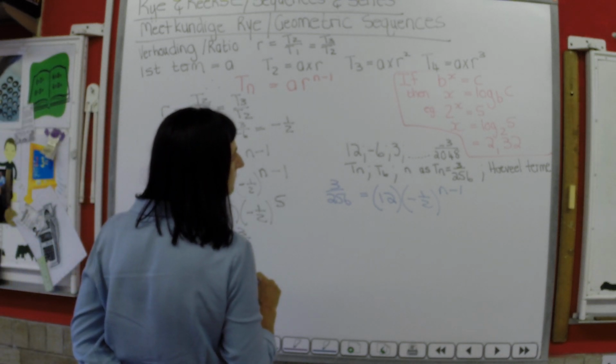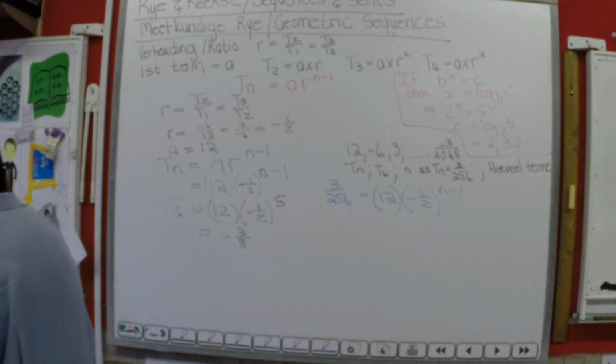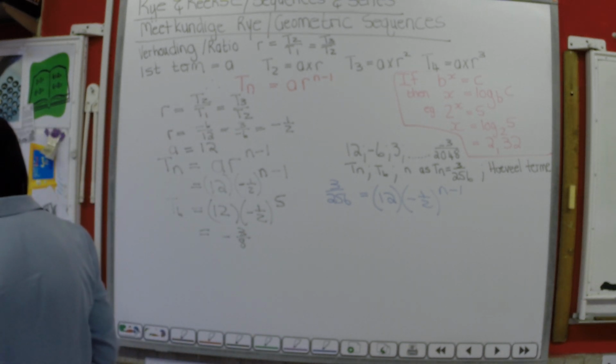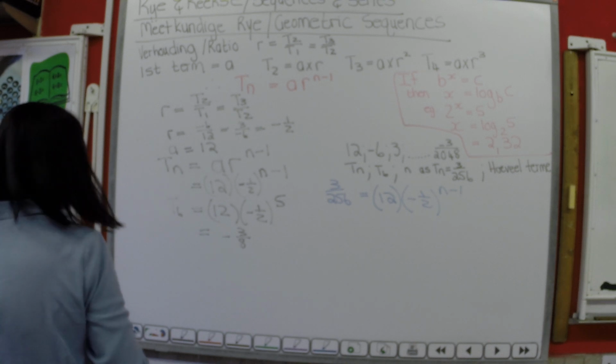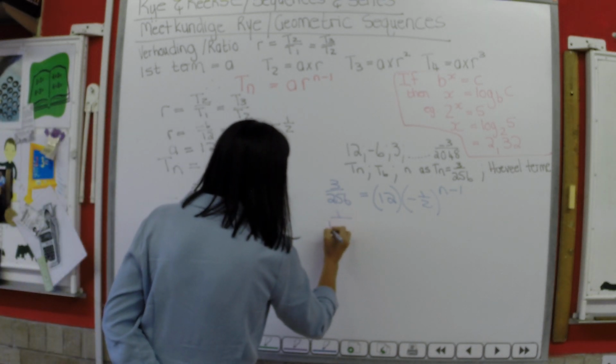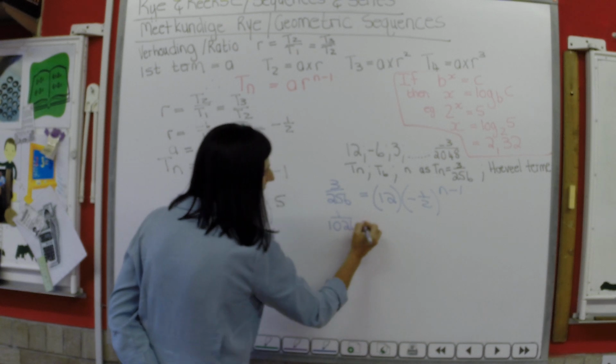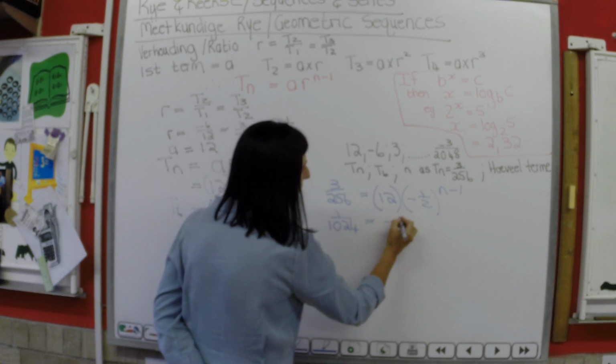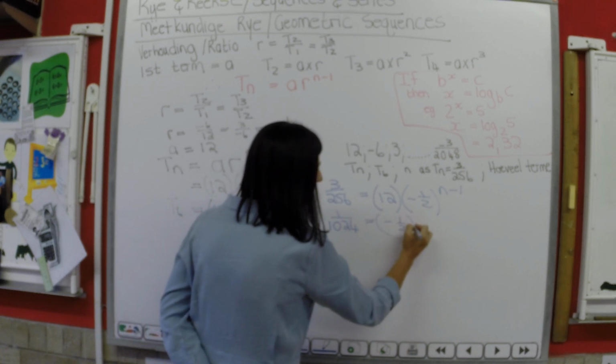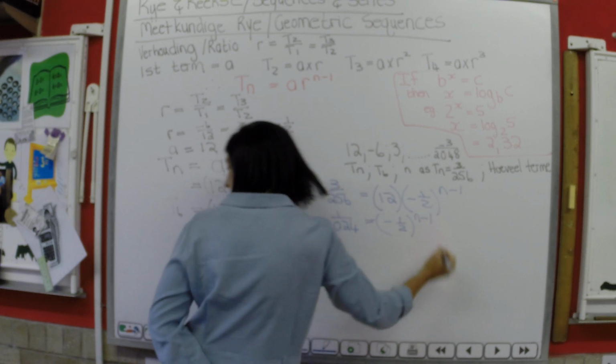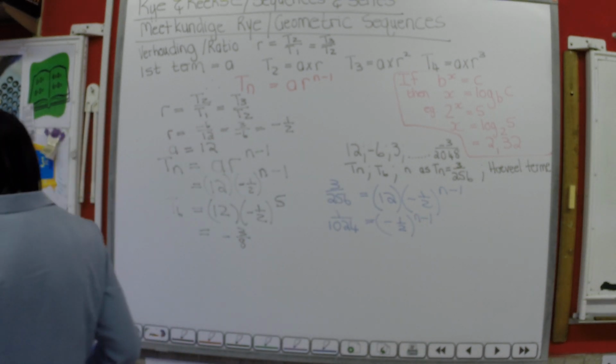1 op 1024. As jy deel met 12 en dis minus 1 half tot die mag n min 1. So that's the case.